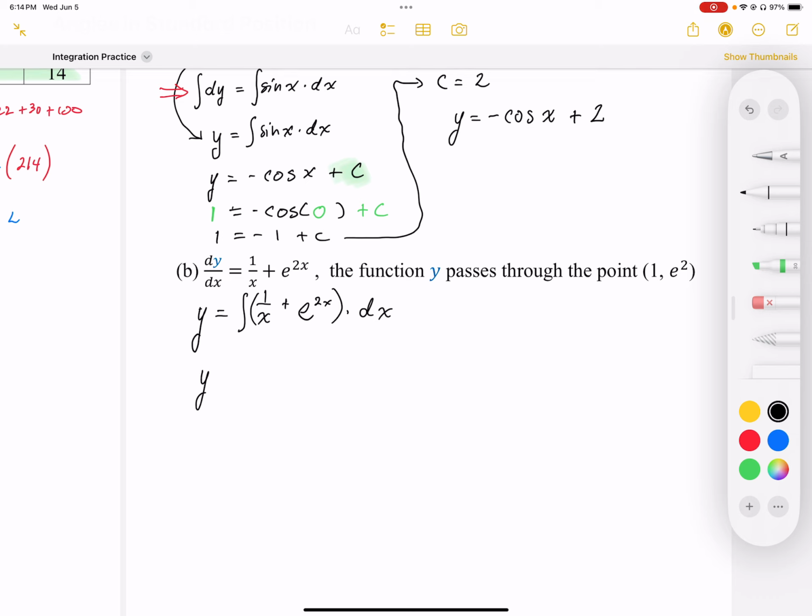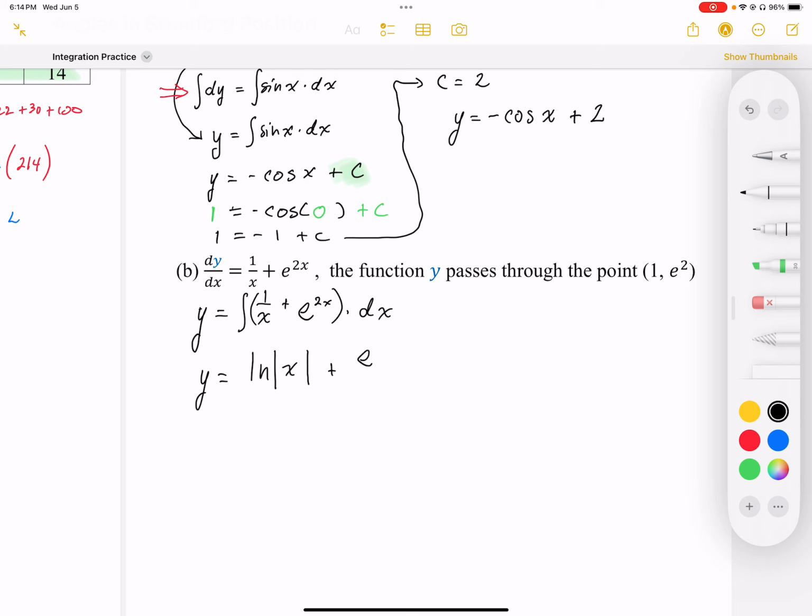So solving for y, I'm going to anti-differentiate 1 over x. This is not the power rule. This is that exception to the power rule where I use log. Normally I would try power rules when I have these fractions with x to some power.